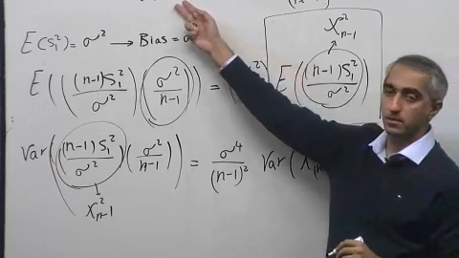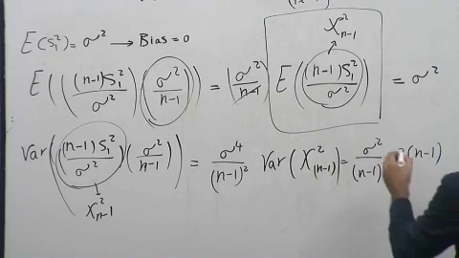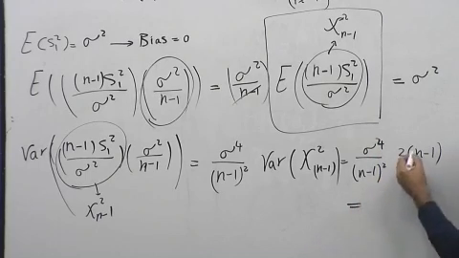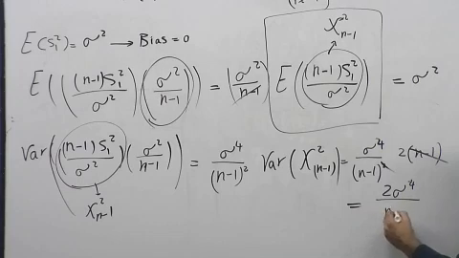Then this is sigma to the power of 4. I can cancel this out. So it's 2 sigma 4 divided by n minus 1.